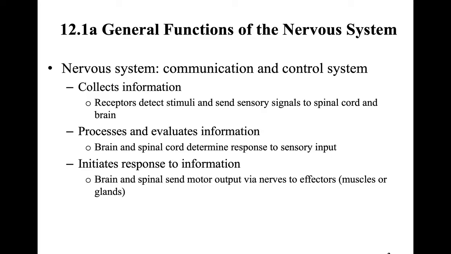And on the slide, the very last line says that motor output effectors are muscles or glands. That's very, very important to realize that the output, which is a motor, will be an effector, which is a muscle or a gland. Okay, so we have S, we have I, and we have M.